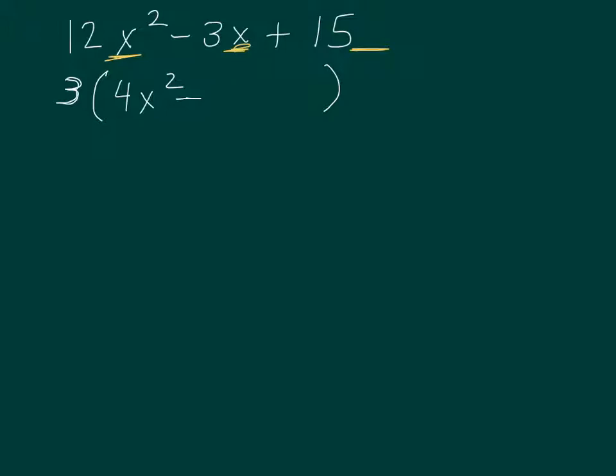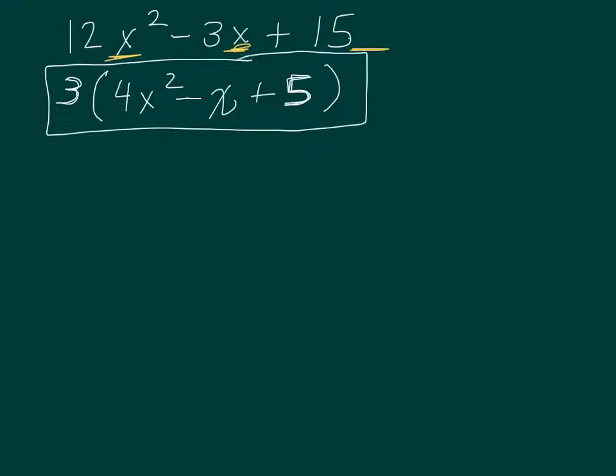And then I'm not going to put the 1 there because I have an x, so I'm just going to put minus x. And plus 15 divided by 3 is 5. So 3 times 4x squared minus x plus 5 is the factored form.